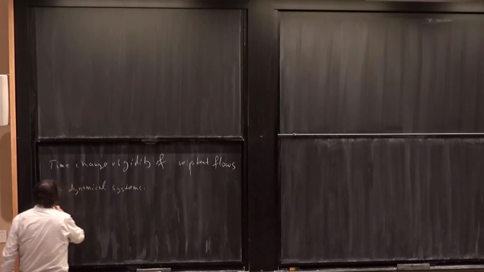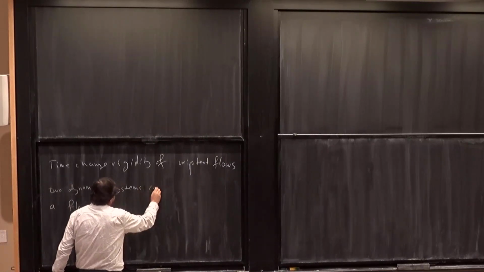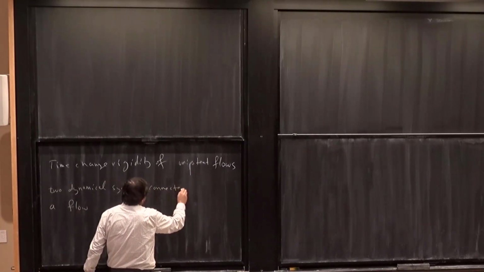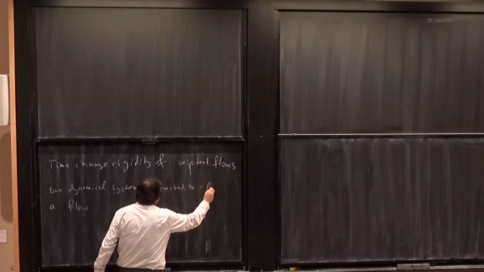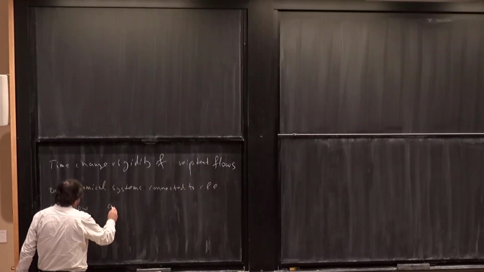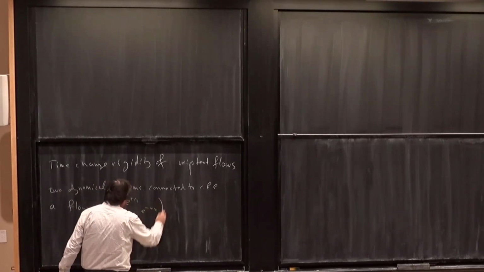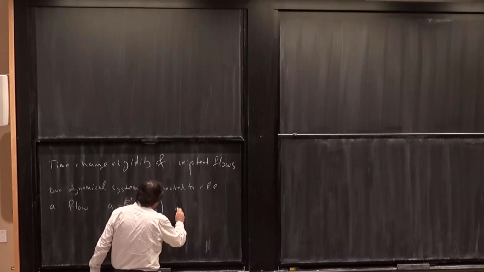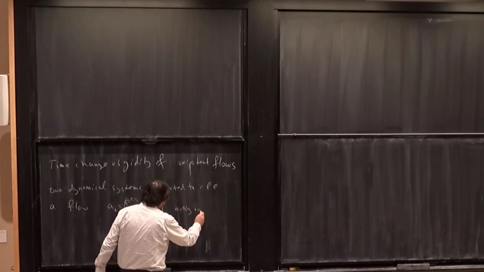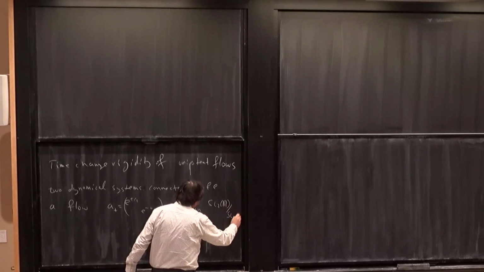We discussed the flow, which are both connected to continuous fraction expansion. One of them is the flow, basically the action of the group A_t acting on SL2R modulo SL2Z.